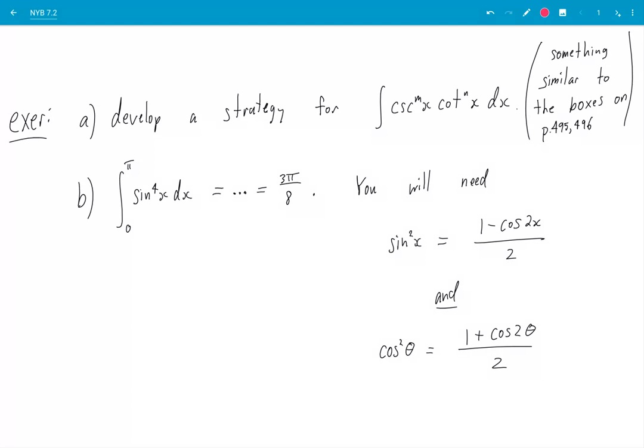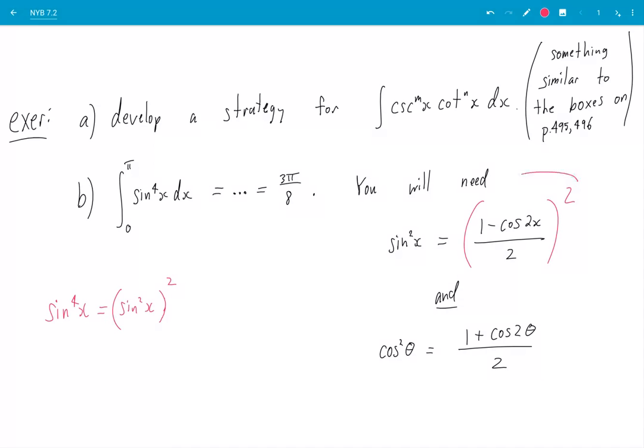What you'll be doing is, first of all, saying that sine to the 4x is sine squared x, squared. Then you'll use this formula. So you'll have this guy squared.